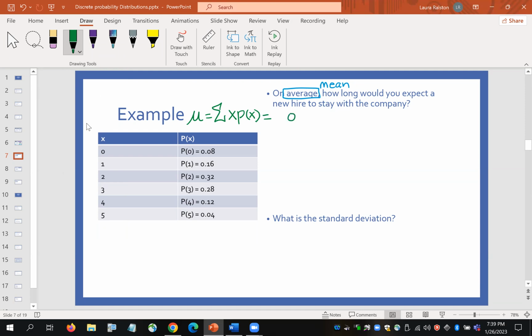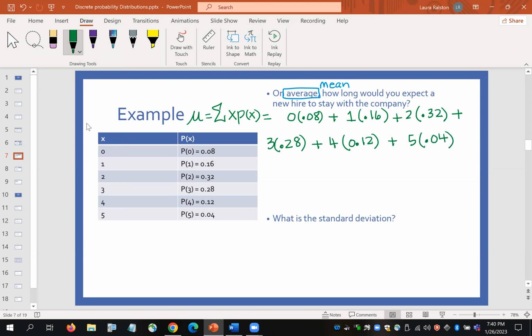I would take 0 times 0.08, that's its probability, plus 1 times 0.16, plus 2 times 0.32, plus 3 times 0.28, plus 4 times 0.12, plus 5 times 0.04.